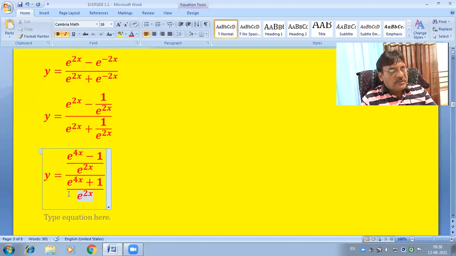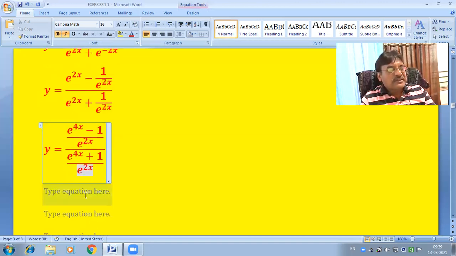Then this e to the power 2x and e to the power 2x get cancelled. After taking reciprocal, e to the power 2x and e to the power 2x get cancelled.